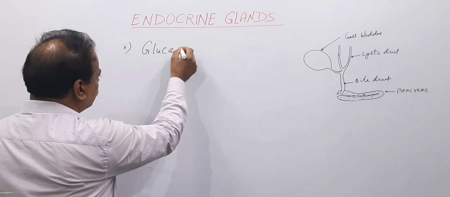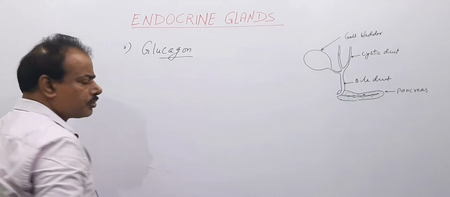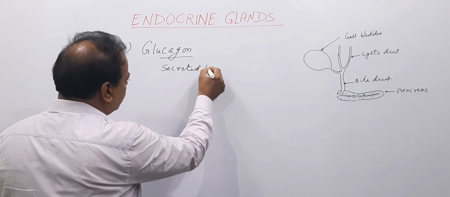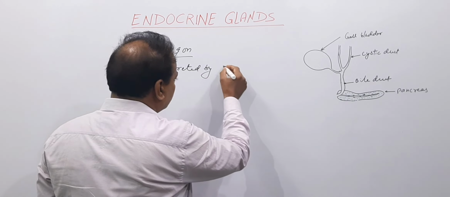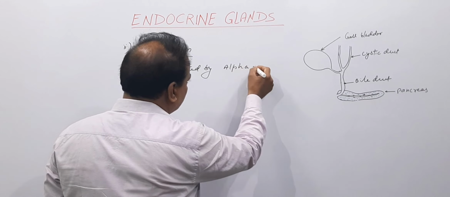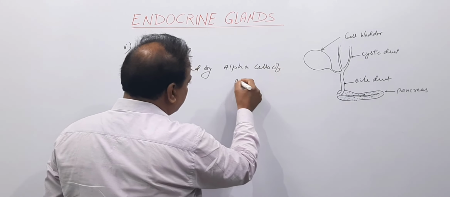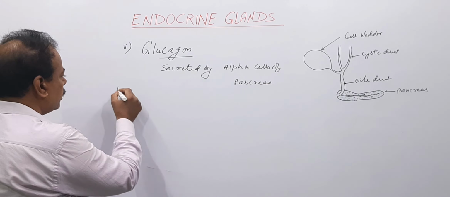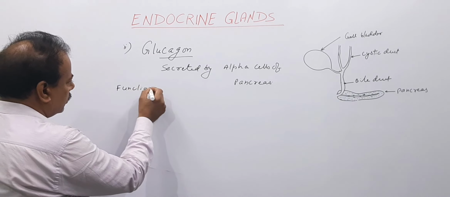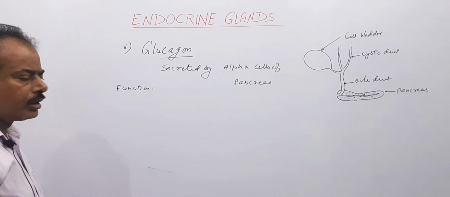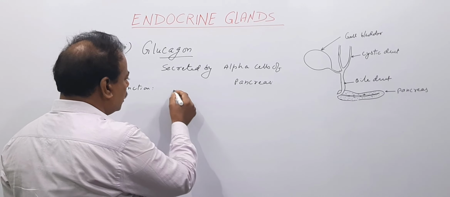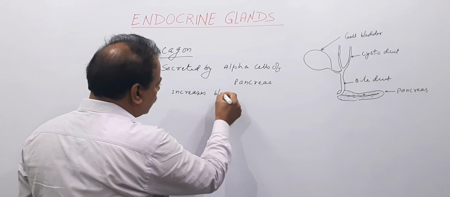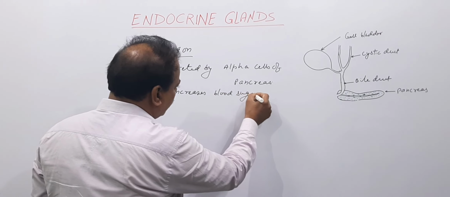Glucagon. Glucagon is secreted by the alpha cells of pancreas. Now, what is the function of glucagon? Glucagon helps in increasing blood sugar level.